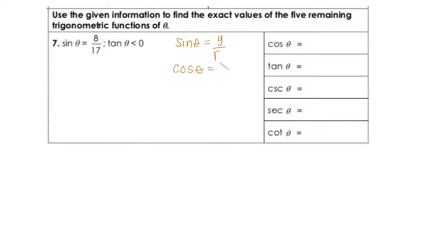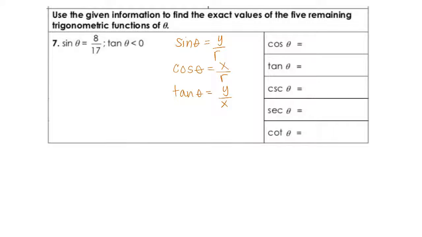Cosine, we labeled that to be x over r. And then we talked about tangent. And tangent was y over x. And that's how we relabel these, because we're no longer just looking at a triangle. We're on the Cartesian plane and we are moving around through all the quadrants. So it's a little bit better to relabel it like this.